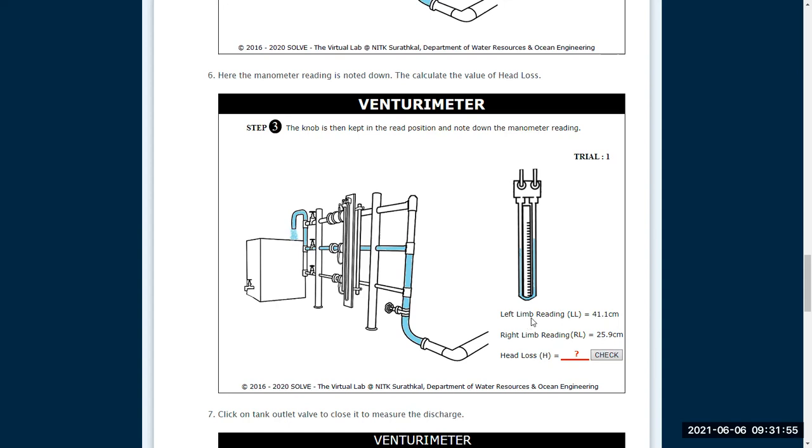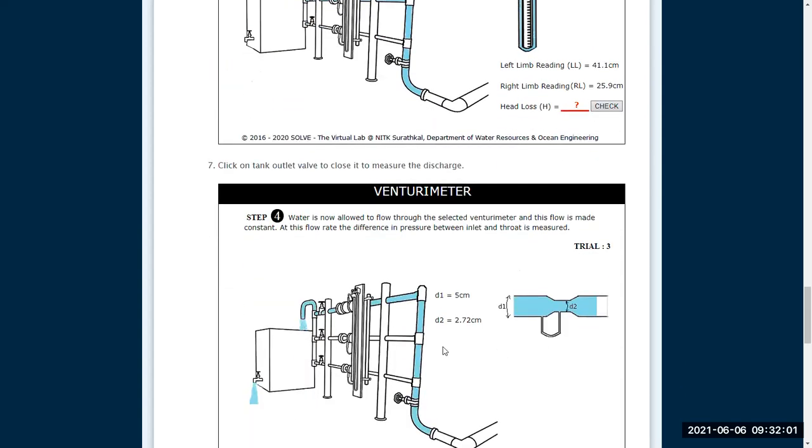Once you have the head loss from the manometer reading, the next step is that the same water will flow through the pipe and be collected in the collecting tank. Before that, you have to take down the diameters. This is how the venturi meter looks, where the manometer is fixed to the venturi meter.